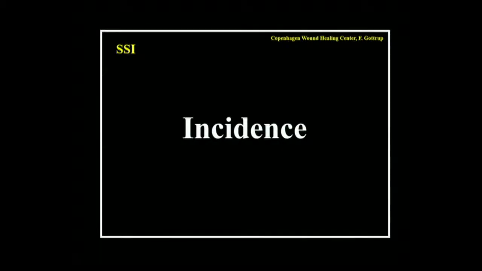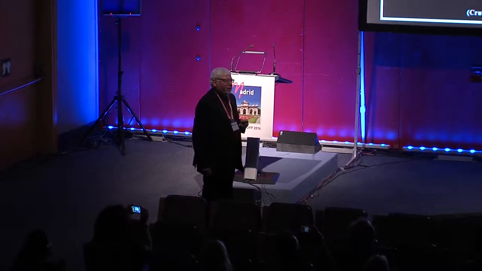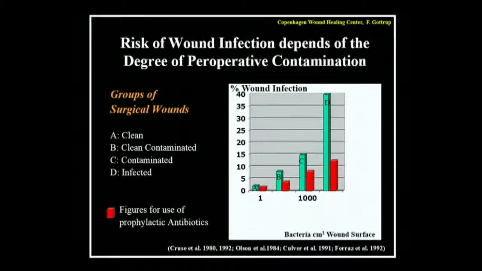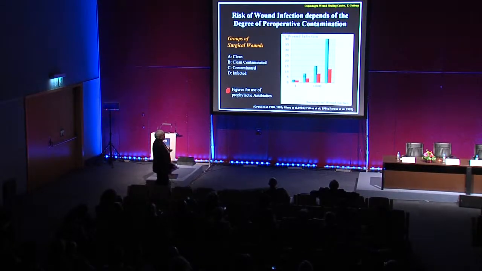But what is the incidence? I use this slightly old slide, because actually the incidence is almost the same today. Before we used prophylactic antibiotics, it was very high, especially in the case of infected areas. If, for instance, abdominal surgery, you have infection, up to 40% SSI, superficial SSI in this case.